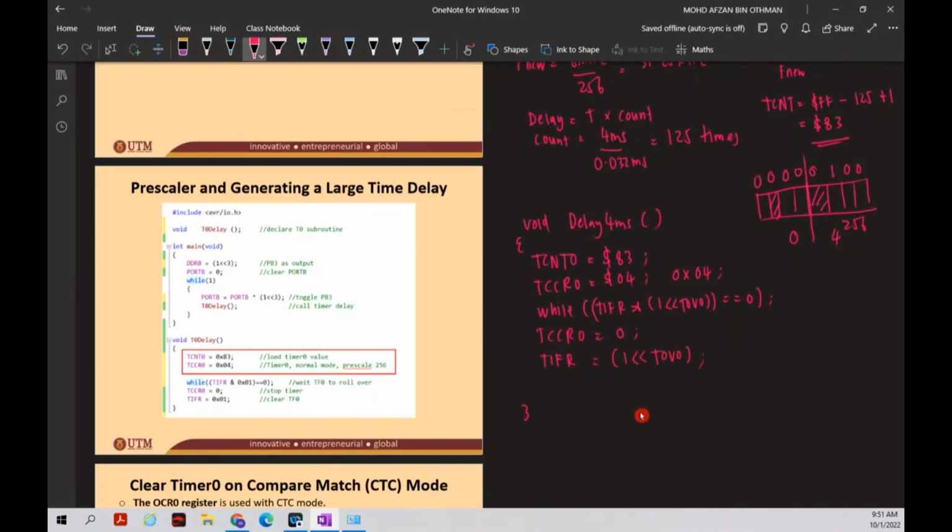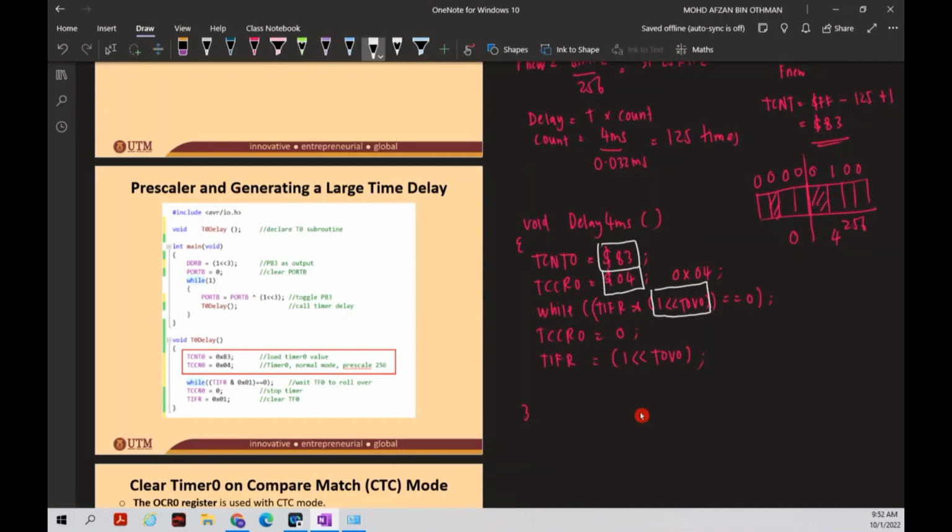If you look at this, we have already done a few examples. In the timer programming, the things you're going to change are only these values: the TCNT0 value, the TCCR0 settings, whether you use normal mode or CTC mode, and the prescale value, and then this flag.